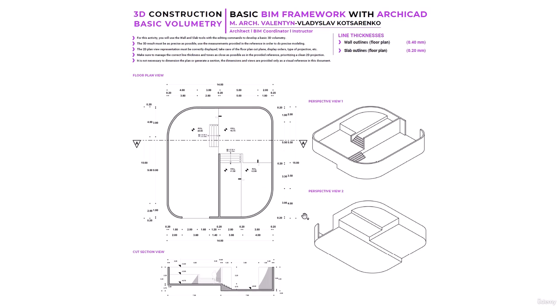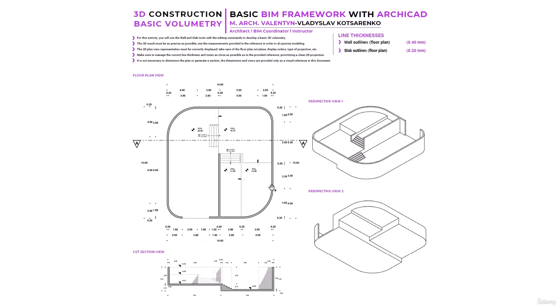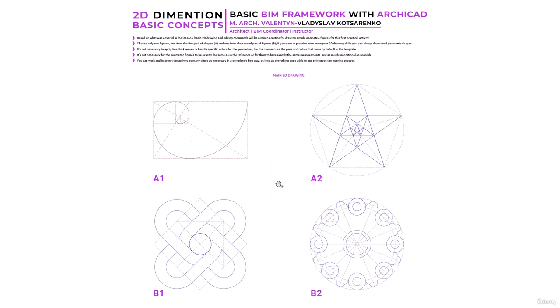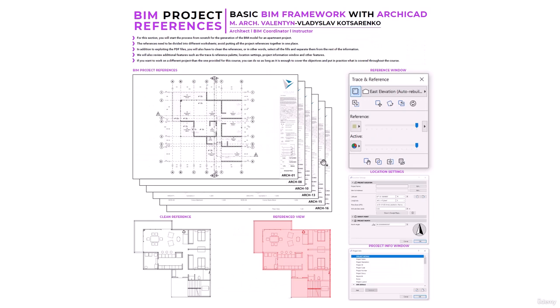Once you understand how to generate a 3D volumetry, now we're going to start off with the project. And the project is continuous. This is not specific activities such as within these modules over here, where you just finish the activity and leave it aside. Now the project is something we're going to start and continue through the last section of the course, which is about BIMx. This is a continuous activity.